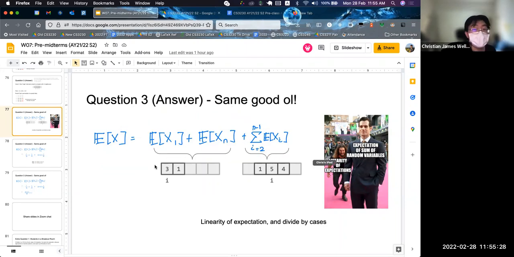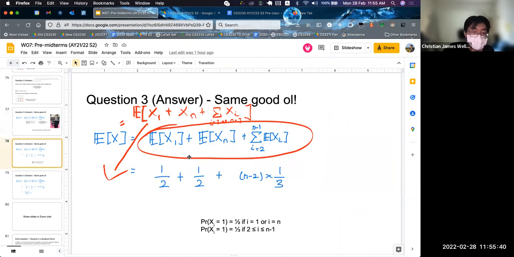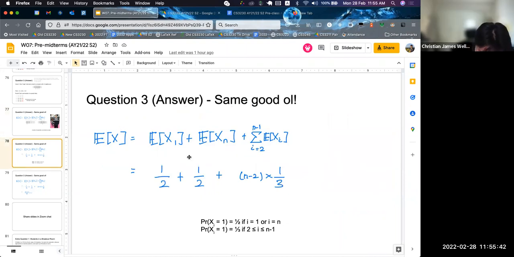That was too fast, I'll undo first. So I break it down into X1, Xn, and the summation like this, and by linearity of expectations, from here to here the missing step is saying this is actually the probability of X1 being 1 plus the probability of Xn equal to 1 plus the summation of the probability of Xi being 1.